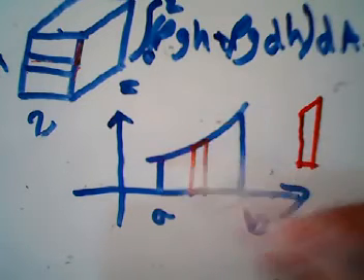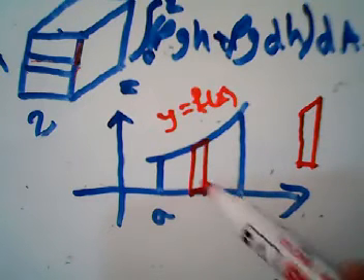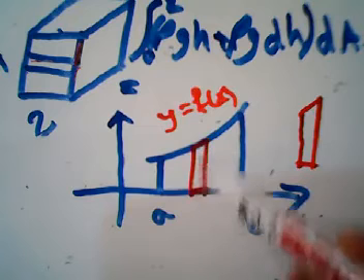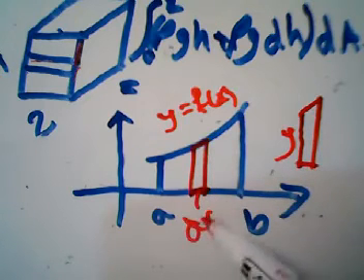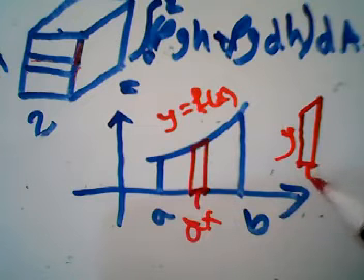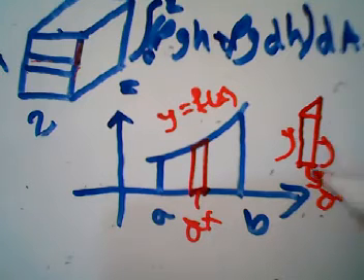This curve is y equals f of x. The length of this is y, this is y, this is dx. Draw this parallel to the x-axis, or dx. This is also y from here to here. And what is this? This is the infinitesimal change of y due to dx. So this is dy.